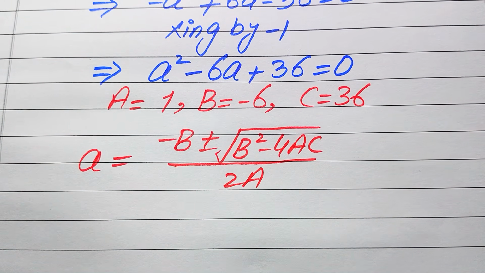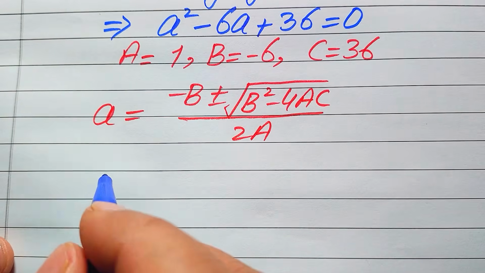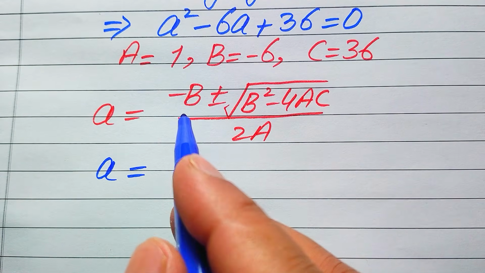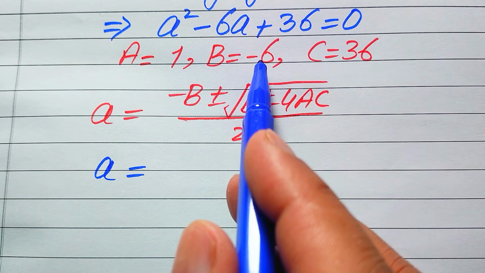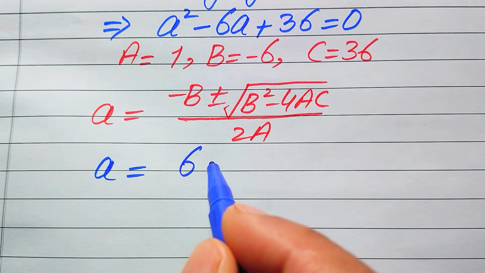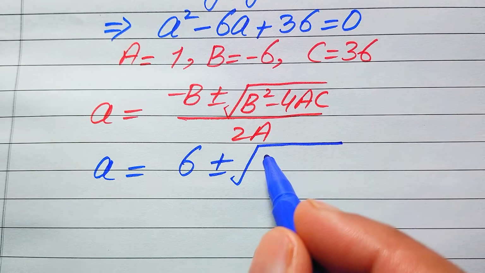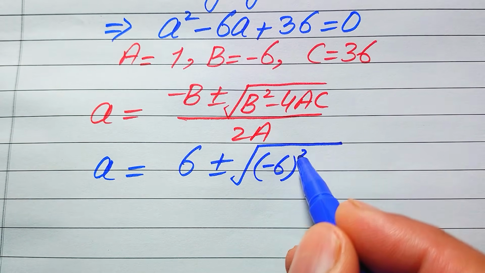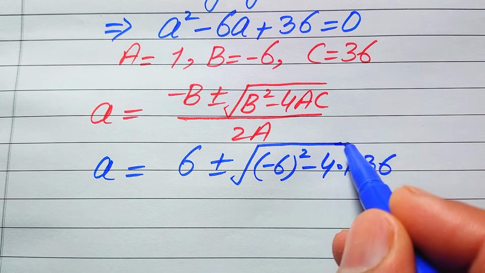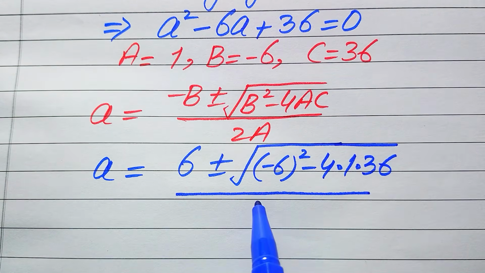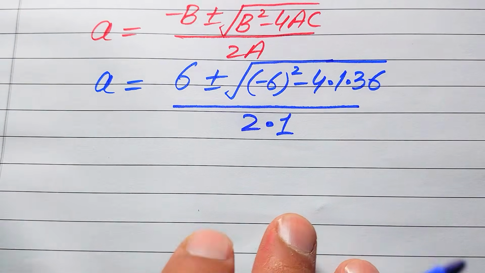So here we substitute all the values of a, b and c and simplify. It becomes a equals minus b, where the value of b is minus 6, so minus times minus becomes plus 6, plus minus square root of b square, where b is minus 6 square, minus 4 times a, which is 1, and c, which is 36, divided by 2 times a, where our a equals 1.